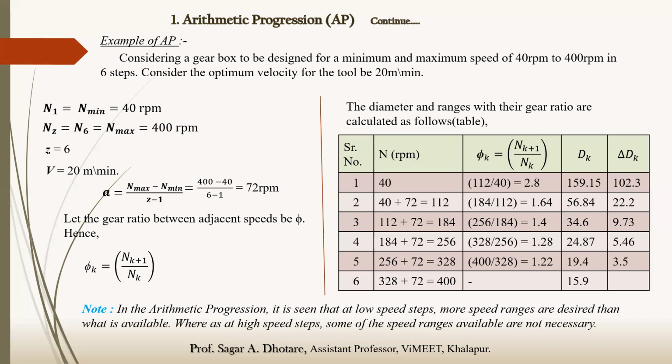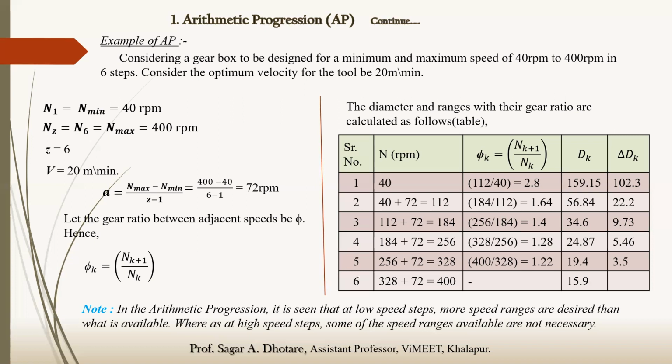So 40, 112, 184, 256, 328 are the speeds for stages 1 to 5, and for stage 6 it is 400. The speed ratio between 1 and 2 is 2.8, 2 and 3 is 1.64, 3 and 4 is 1.4, 4 and 5 is 1.28, and 5 and 6 is 1.22.